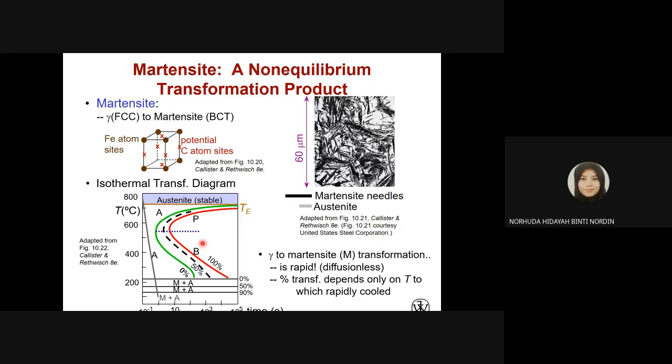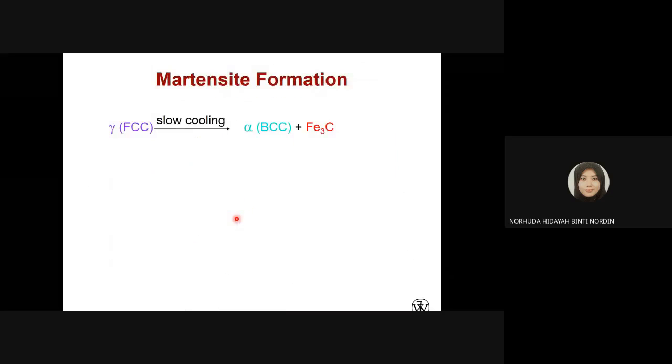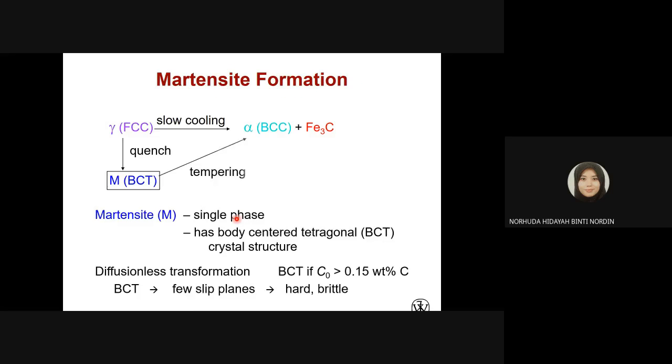If you heat it for more time, at a higher temperature, for example 600 at 10 to the power of 5, you draw a line here, and you will get perlite. That we call tempering.